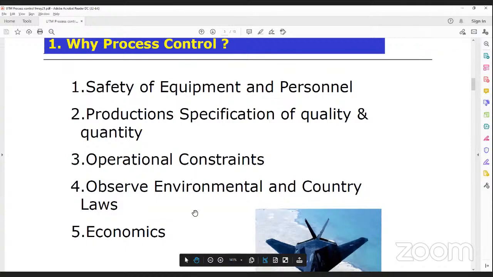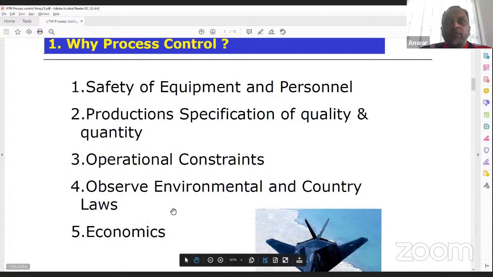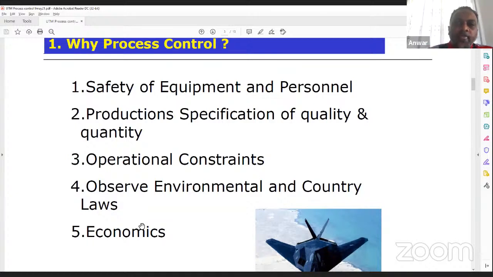That is where we also use process control sometimes in plant operation, to reuse energies, heat transfers, so that we do not waste any source of that energy.